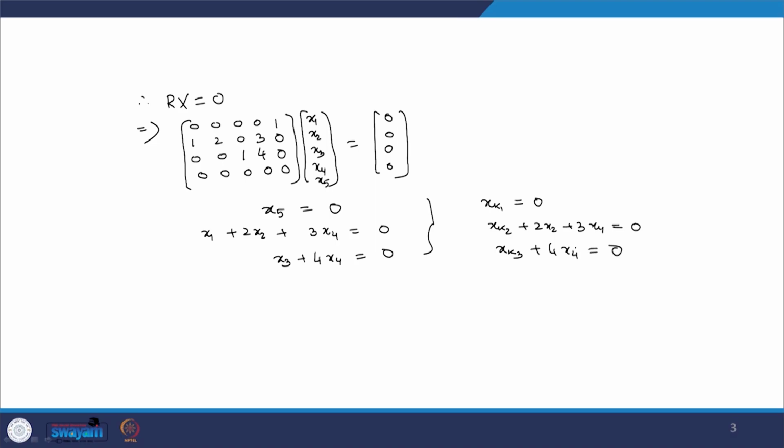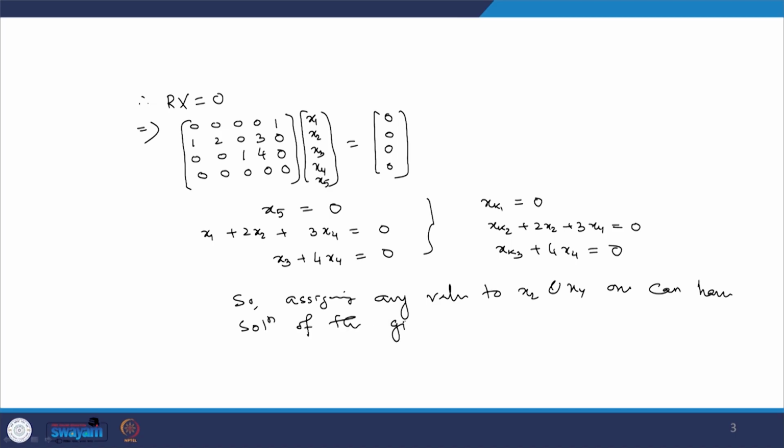So, this implies that I can write down the solutions for xk1, xk2, xk3 as a function of x2 and x4. So, assigning any value to x2 and x4, one can have a solution of the given system.